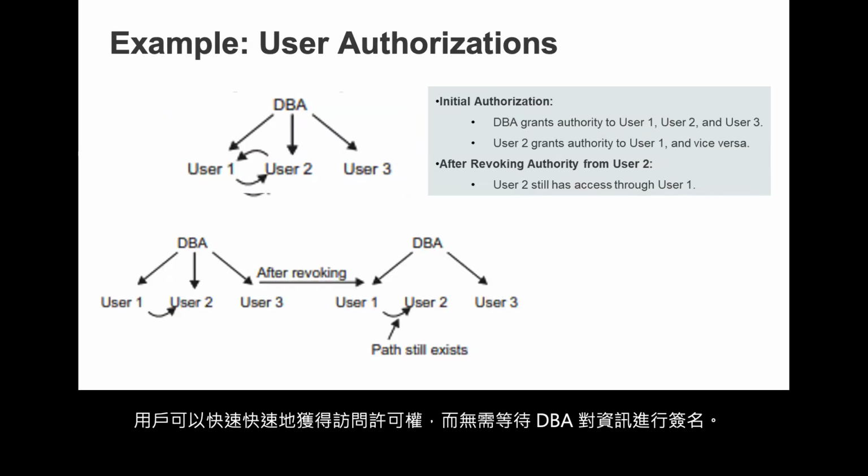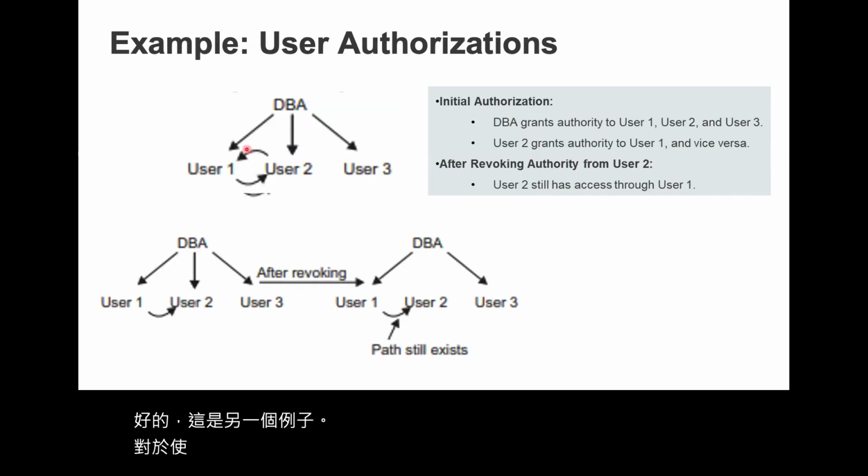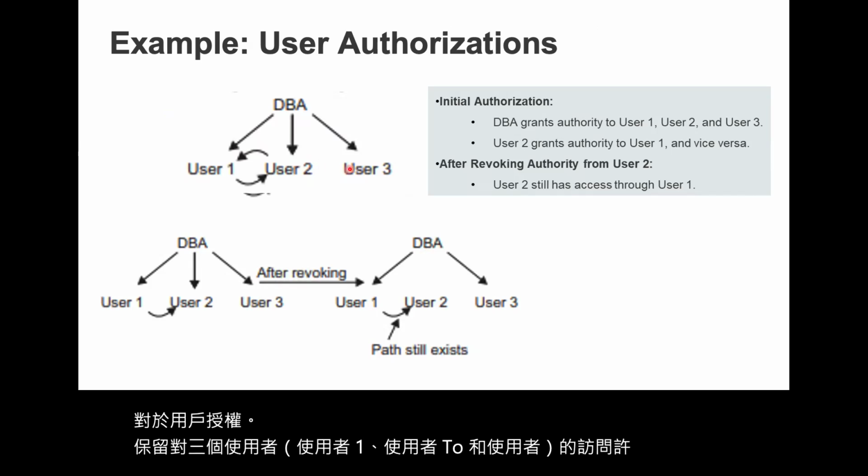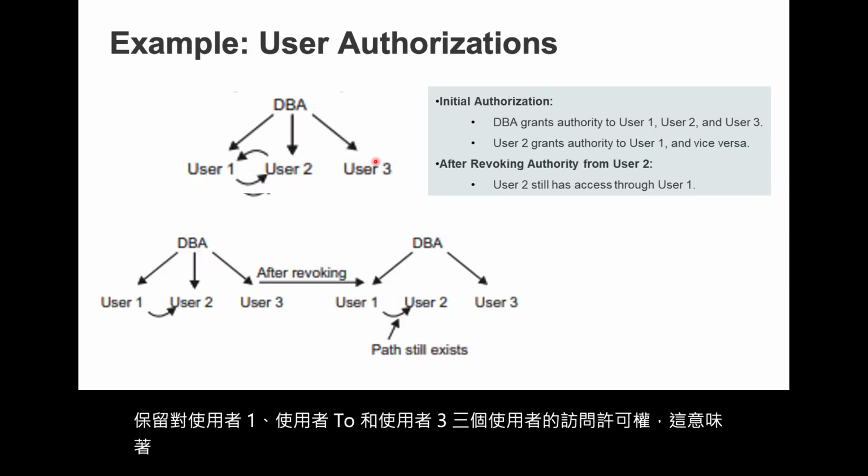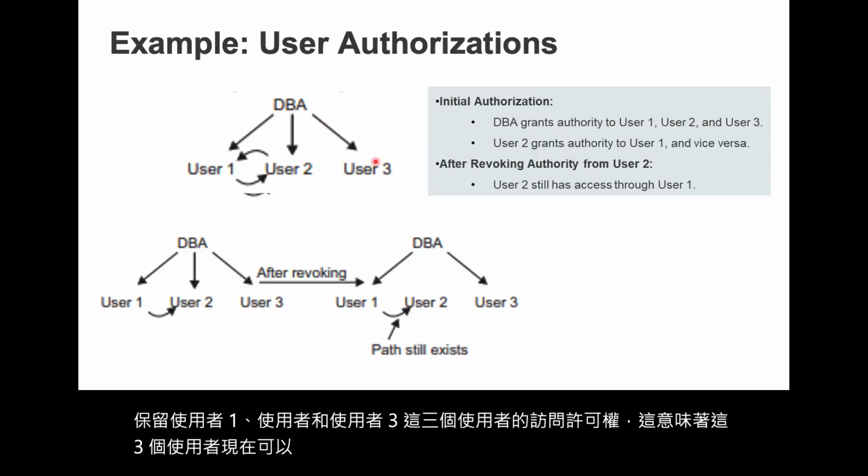Okay, this is another example for the user authorization where the DBA gives the access rights to three users, user one, user two, and user three. And it means that these three users can now access a certain part of the database.